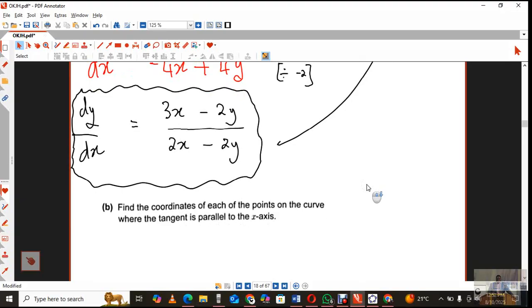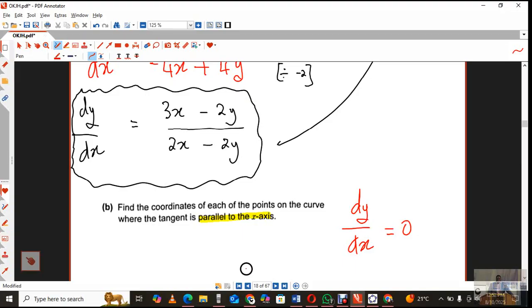Right. When something is parallel to the x-axis, the gradient, because the equation of the x-axis is 0, so dy dx should equal to 0.